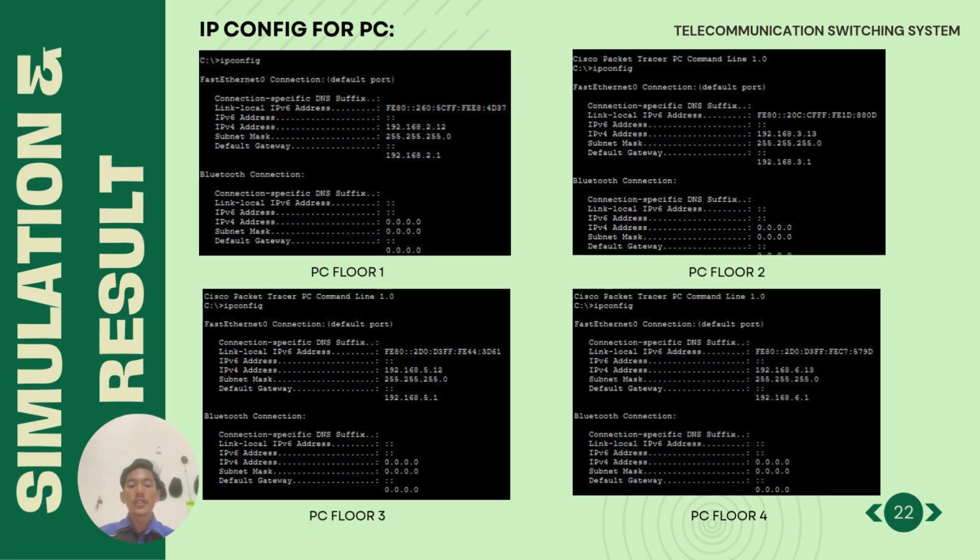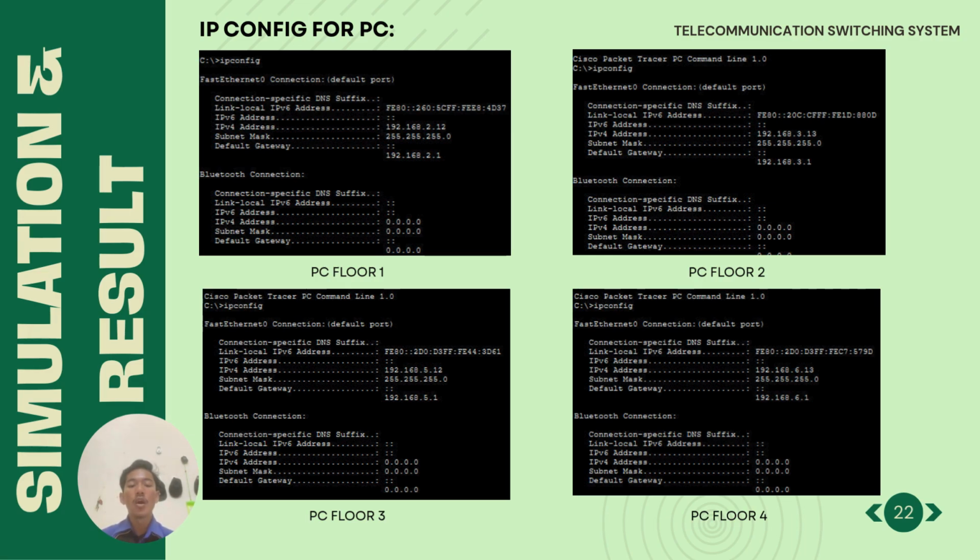This slide shows the IP configuration for the PC on each floor. Each PC has been successfully assigned the correct IP address, subnet mask, and default gateway based on its VLAN. For example, floor 1 use the 192.168.2.0/24 network. Floor 2 use 192.168.3.0/24.